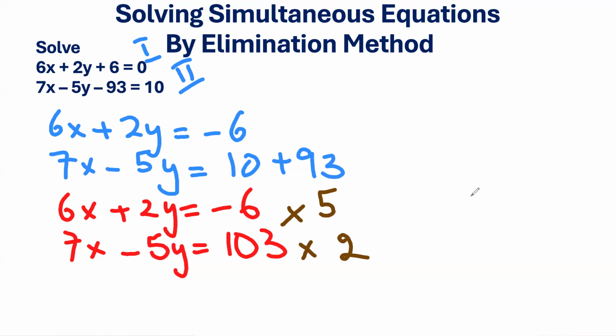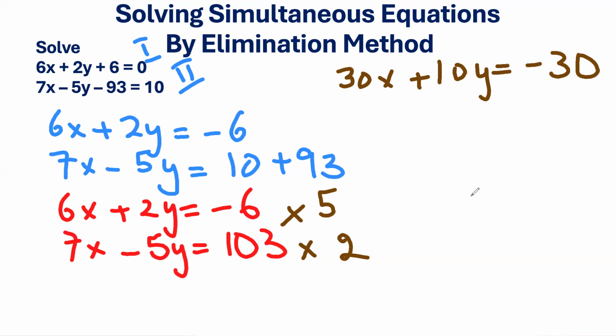So you got 5 6s are 30x plus 10y is equal to 6 5s are 30. We are multiplying equation number 1 by 5 and equation number 2 by 2.